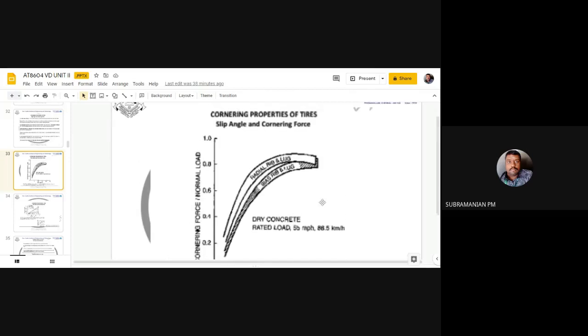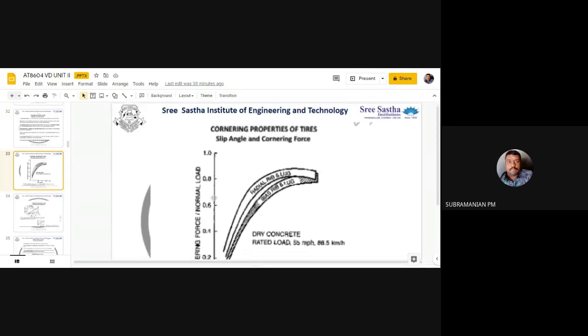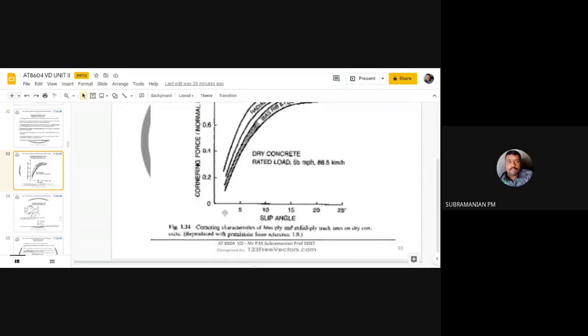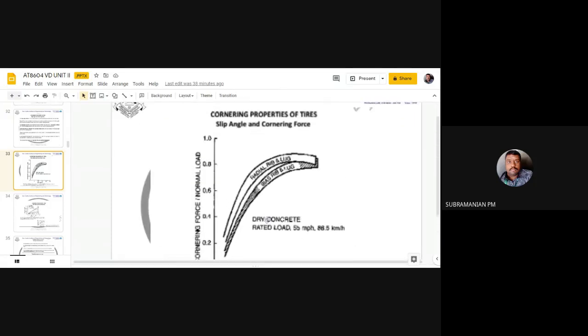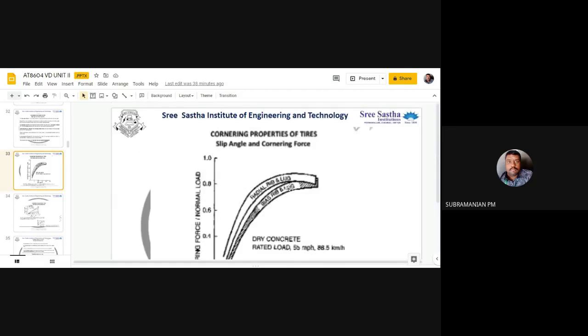And in the next curve, I'm going to compare the same cornering force characteristics with slip angle. You can see the radial rib and lug and bias rib and lug. That is, I am going to include the radial tire and bias ply with rib also.